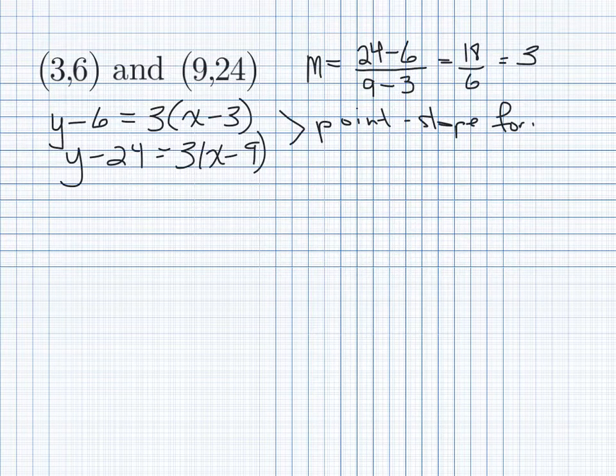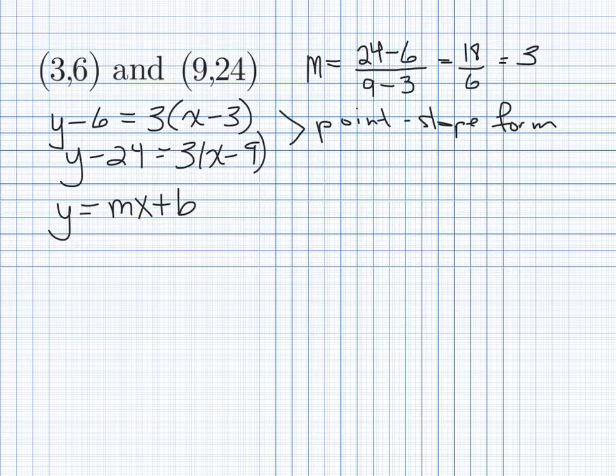Now, let's take a look at the slope-intercept form. The slope-intercept form is the one way we can write the line that is unique. So that means we want to get our equation in the form y equals mx plus b, where m is our slope, and then b is the y coordinate of our y-intercept point.